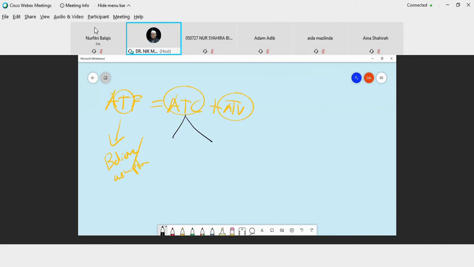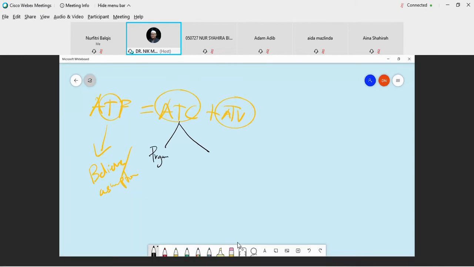For example, you can construct your belief or assumption by relying on the pragmatic approach, and the second one is the theoretical approach. Pragmatic and theoretical approach.